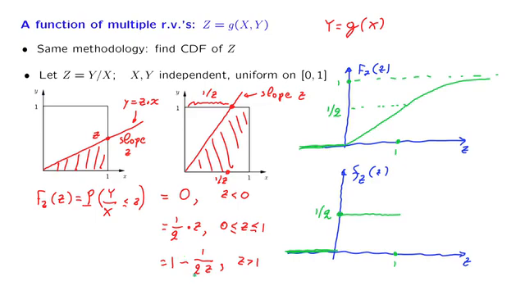And finally, in this region, this is the formula for the CDF. When we take the derivative, we get the expression 1 over 2z squared, which is a function that decreases as z goes to infinity, so it has a shape like this one. So we have completed the solution to this problem. We found the CDF and we found the corresponding PDF.